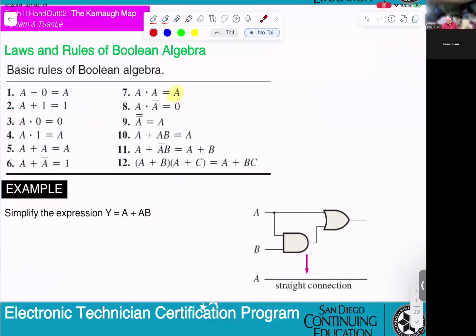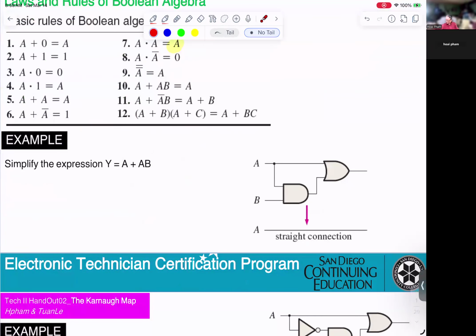And now, try to say you get the expression Y equals A or AB.